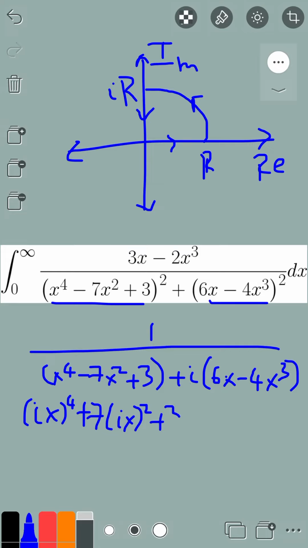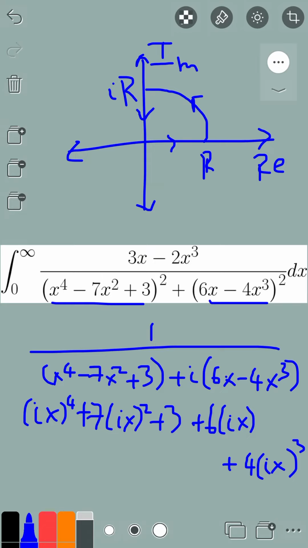Then we have plus 3 and plus 6 times ix. And i cubed is minus i, so that is plus 4 times (ix) cubed, because i cubed is minus i, which is why we have minus i times 4x cubed here.